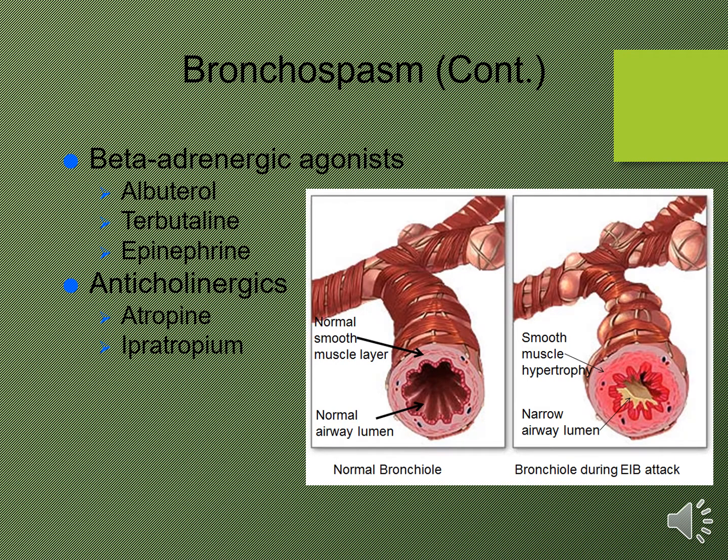So the first thing, they may give either beta adrenergic agonists or anticholinergics. These will include albuterol, terbutaline, and epinephrine as far as the beta adrenergic agonists go. And for anticholinergics, atropine and ipratropium.